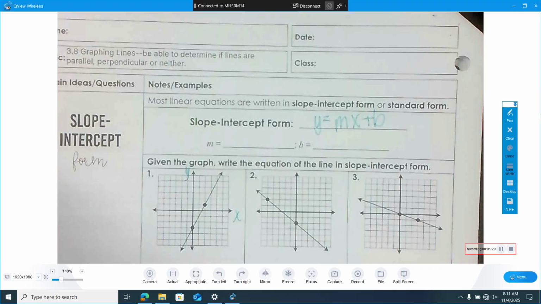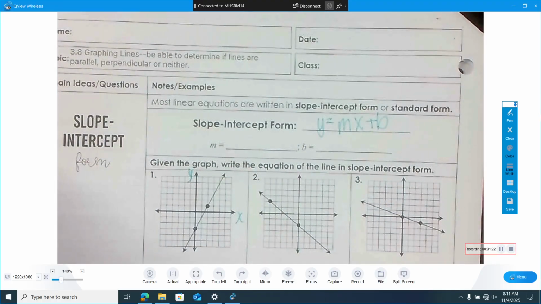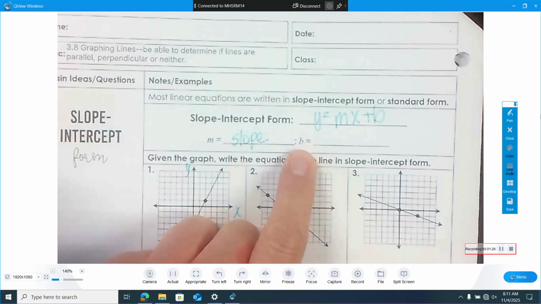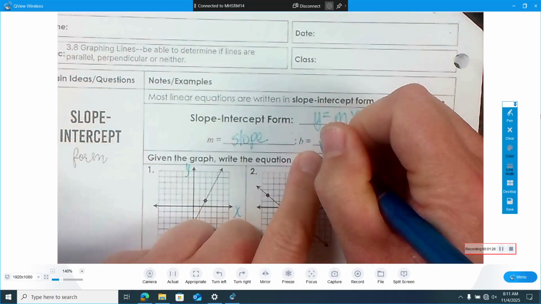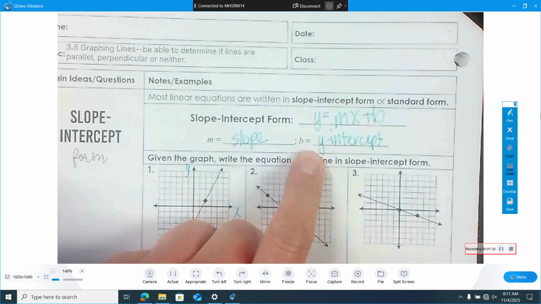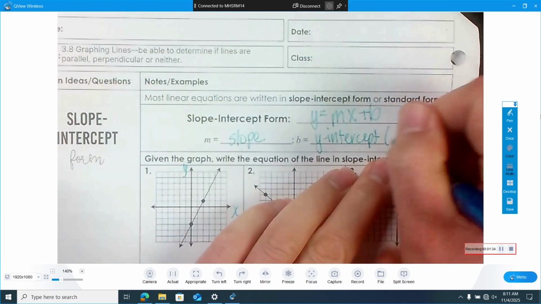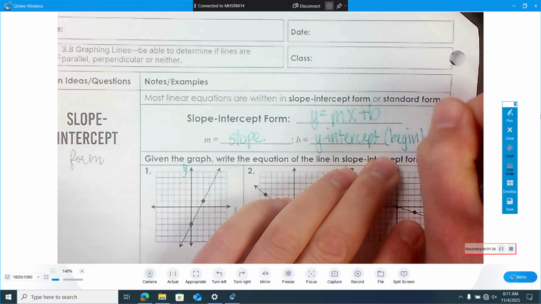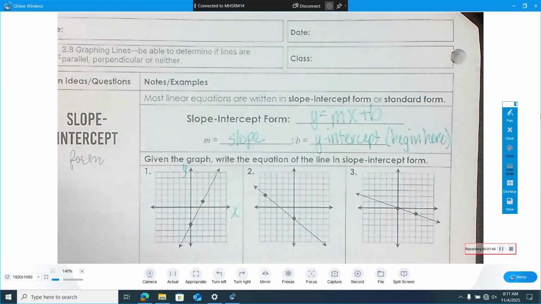Now, m represents the slope, all right, and b is the y-intercept. It is where the graph crosses the y-axis, and it stands for begin here. All right, B for begin. We always begin with the B, all right?